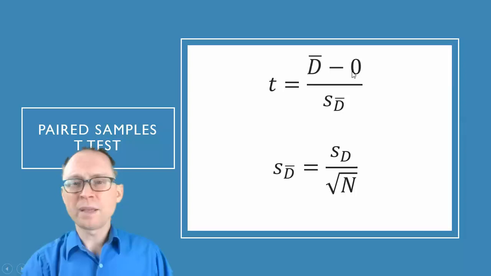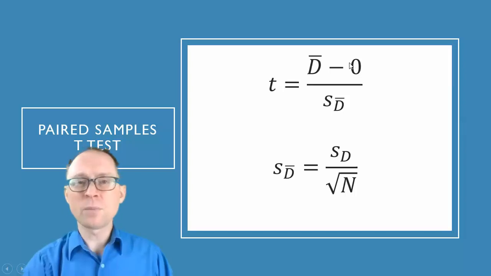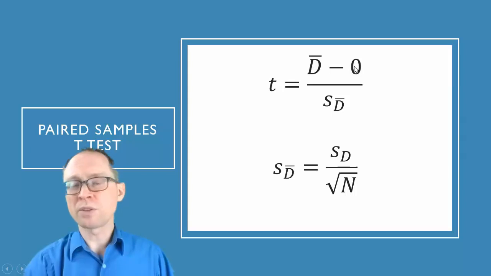0 is my null hypothesis, in the same way that the population's mean was the null hypothesis for a single sample t-test. So all we're doing is taking what we're getting minus what we expect the null hypothesis to be. And then we divide that by the standard deviation of d bar.